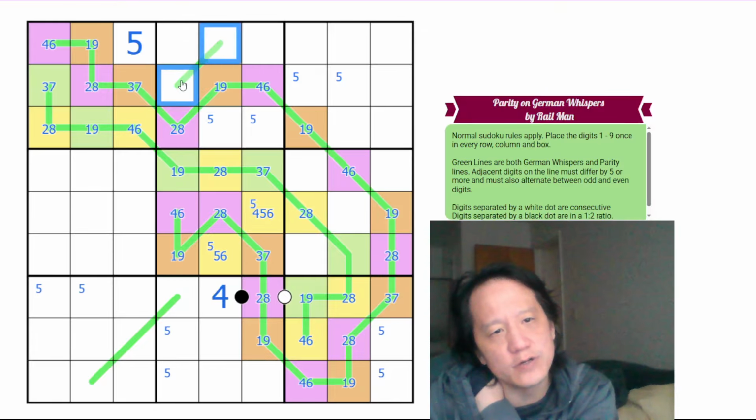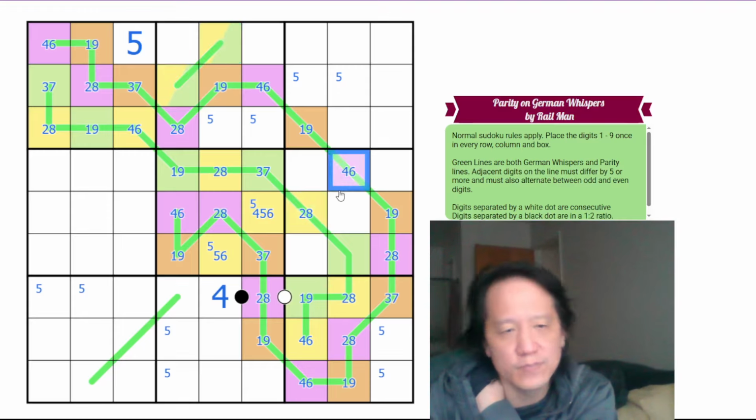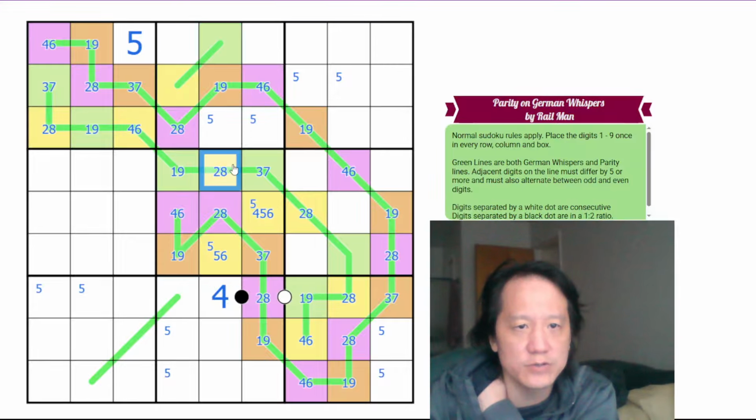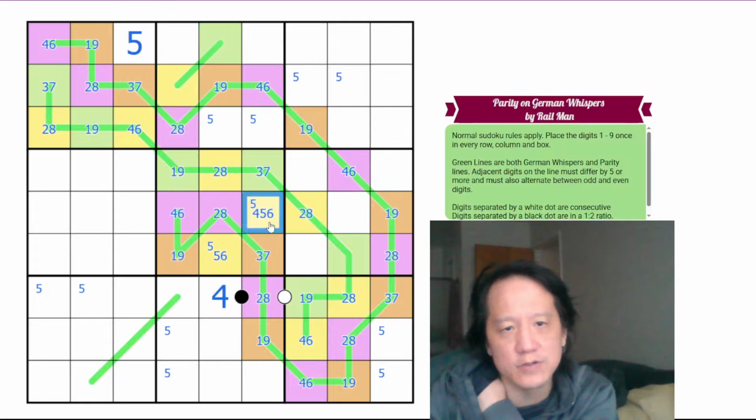So this has to be a green-yellow pair, and this cannot be yellow. Well, it could be yellow. So this is a green-yellow pair. This cannot be green because it sees both the green 3-7 and the green 1-9. So this must be yellow, which means this can't be yellow here. It's green. We just don't know which pair these are.